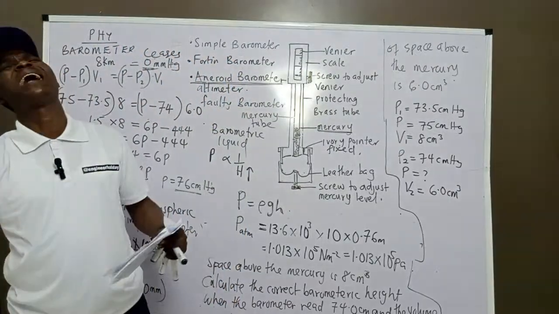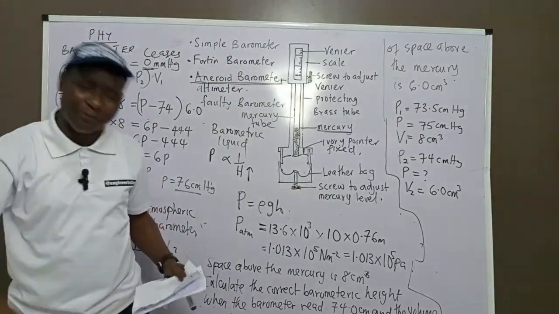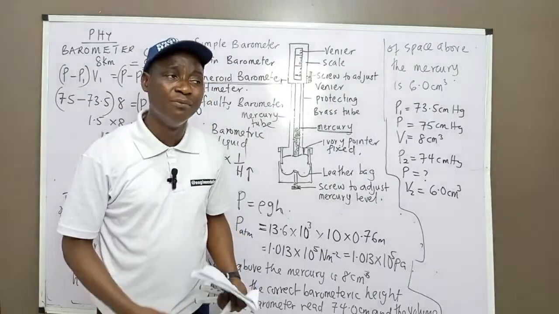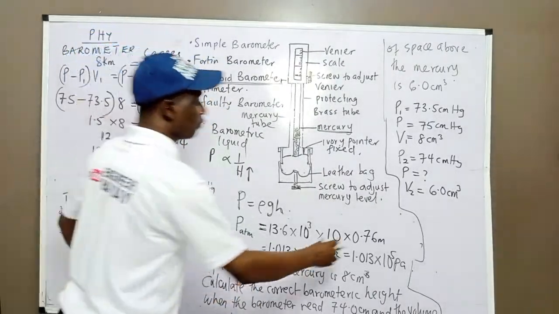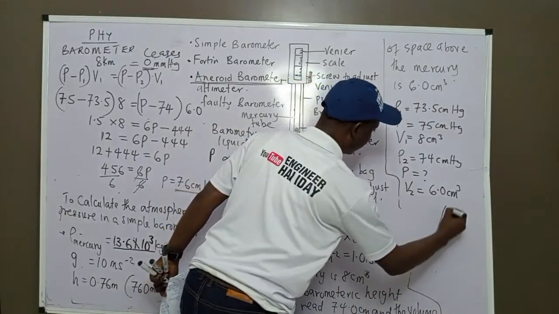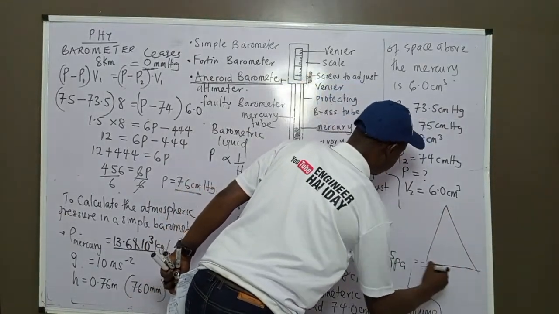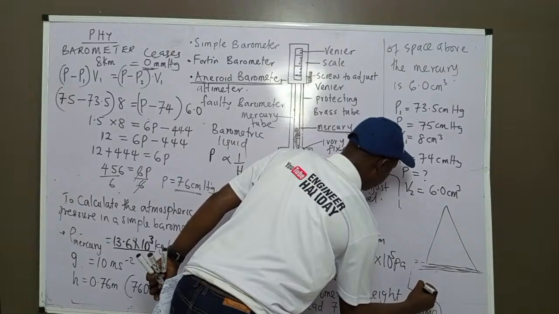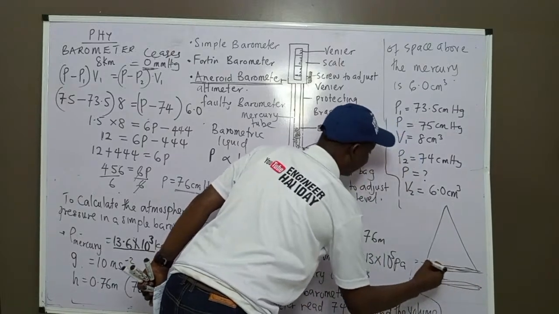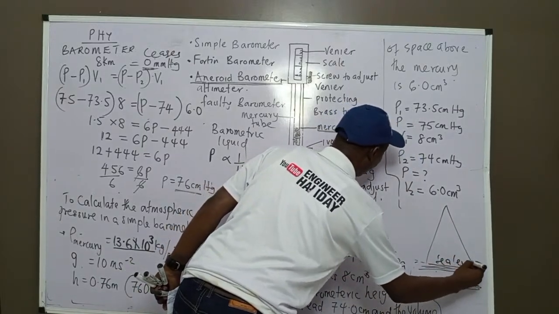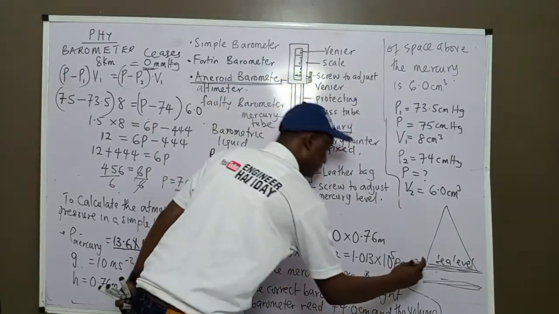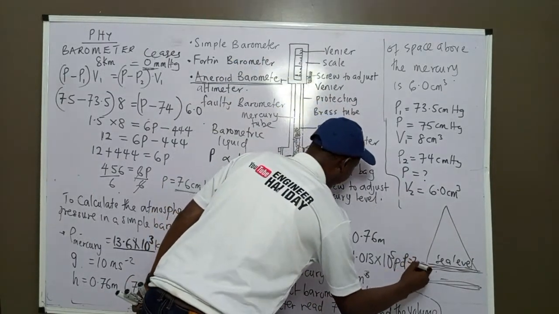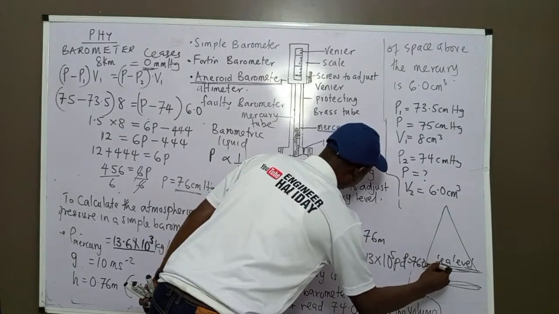Now, what about at the ground level, or what we call the sea level? What is the atmospheric pressure? Let's say this is sea level, and this is below the sea level. At the sea level, which we also call the ground level, the pressure is 760 millimeter mercury.